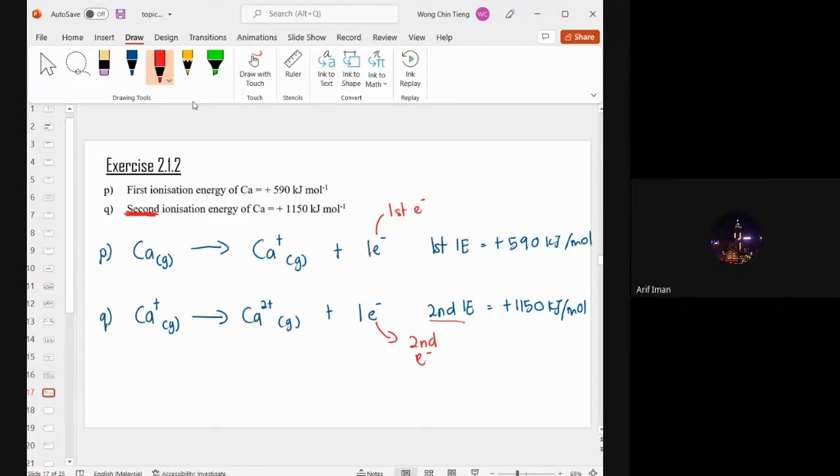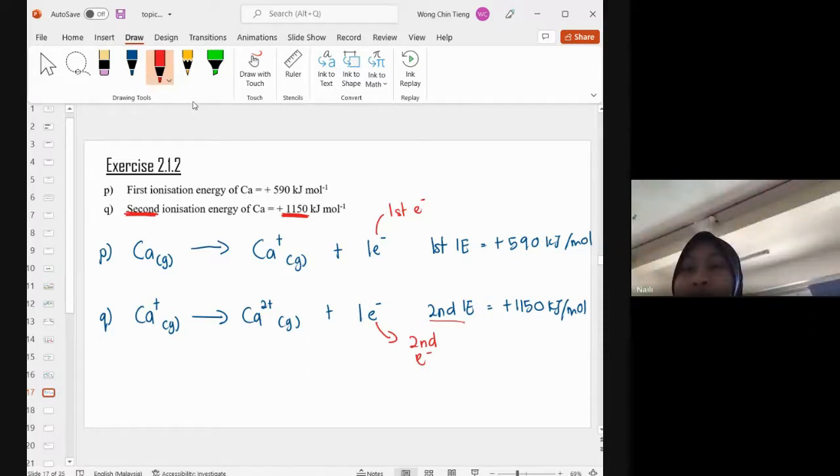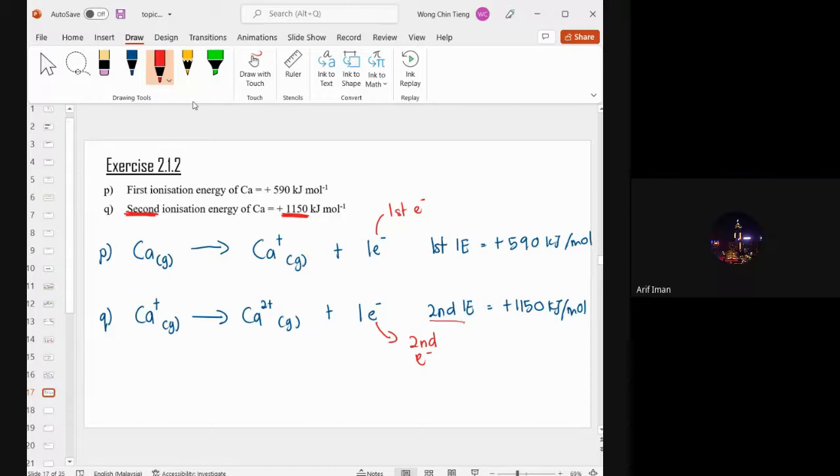Second energy. Second ionization tu jawapannya 1150 ke 1180? 1150. Soalan saya 1150. Soalan kamu? Sama kan Ali? Sama kan? 1150 kan? Saya tahu tulis.